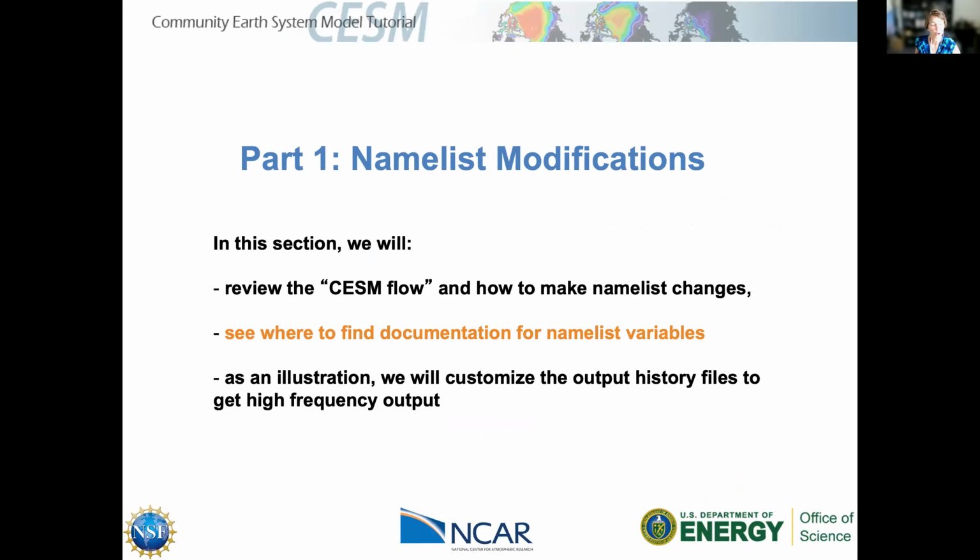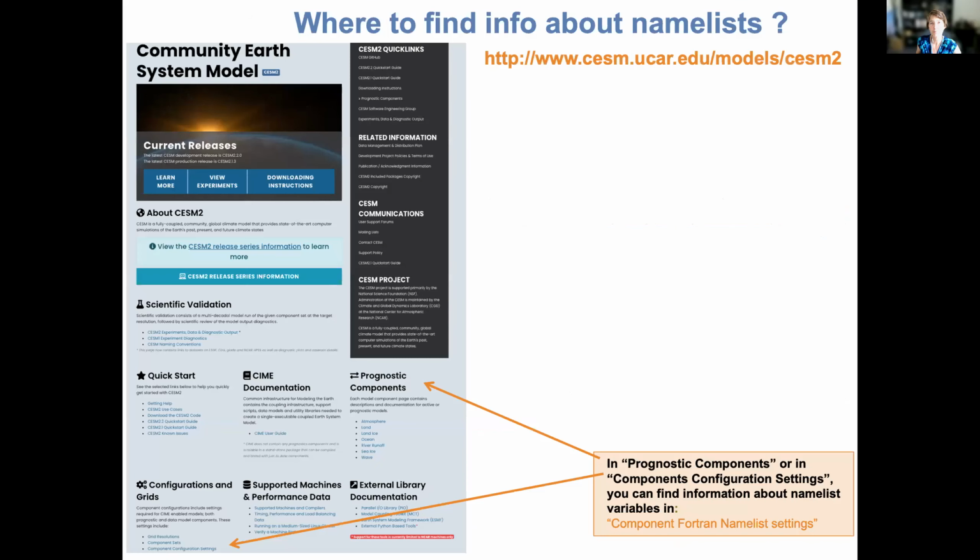Now I'm going to show you where you can find documentation for the namelist variables. I'm going to bring you to the CESM2 webpage. Here it is. It will look like this. It's a little bit small, but it's to point you to the area you should look at, because there's a lot of information on this webpage.